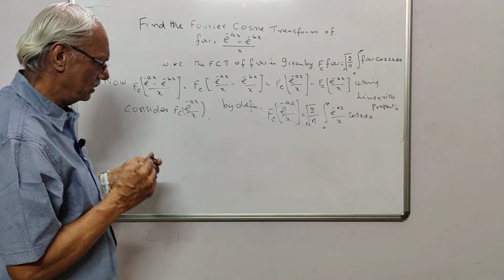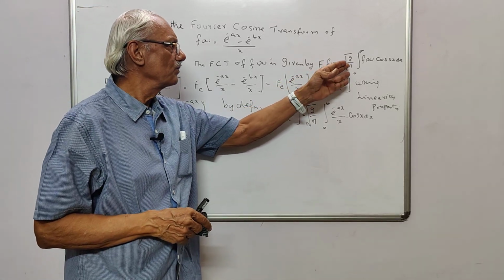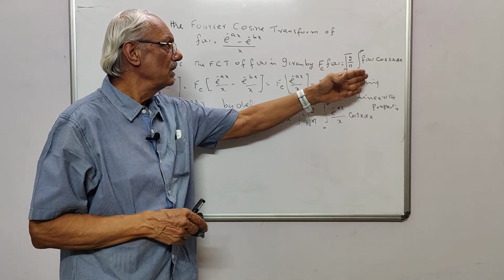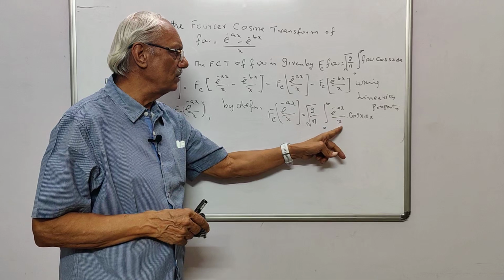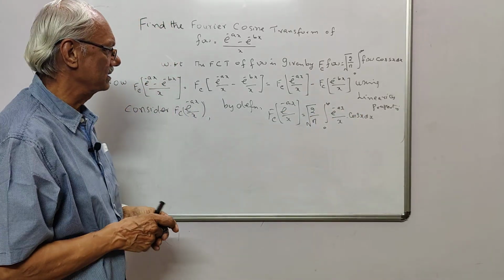So far so good, because I am just using the definition of the Fourier cosine transform. In the place of f of x, I have got e to the power of minus ax by x, and the rest is cos sx dx.